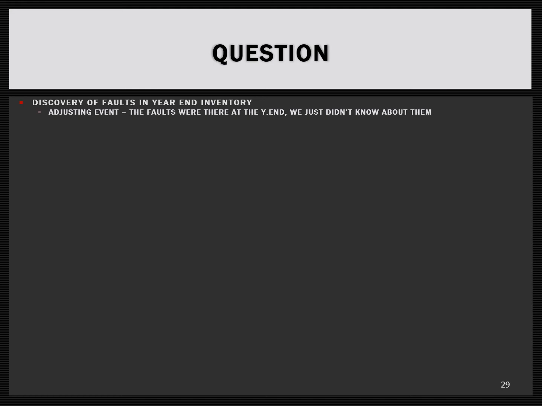And here are examples of items that you might need to determine which category they fall into in the exam. If after the year end and before the accounts are signed off by the directors, you discover that there are faults in the stock that was on the shelves at the year end that requires extra work, or means that you can't sell them for the normal selling price, that's an adjusting event because we've discovered more information about the value of the stock at the year end.